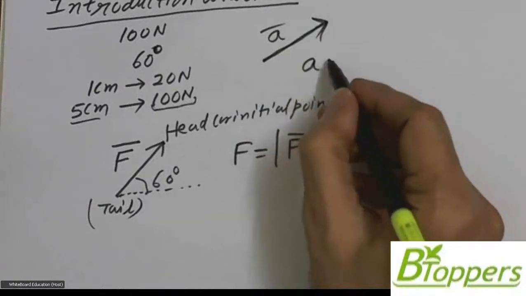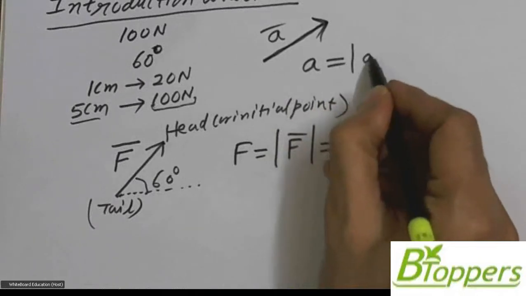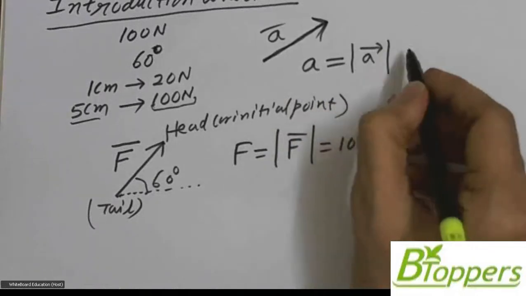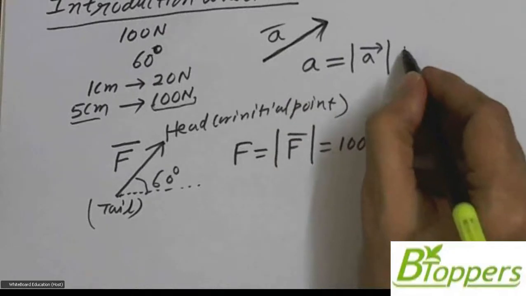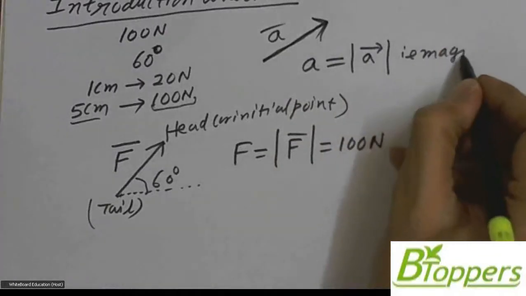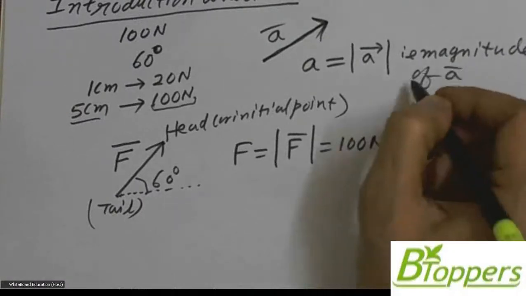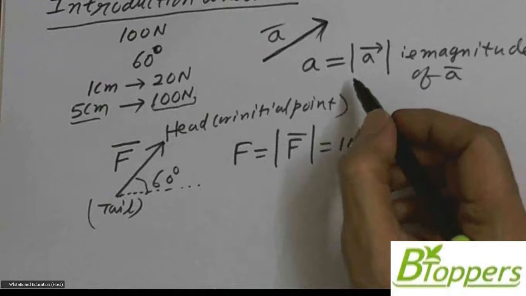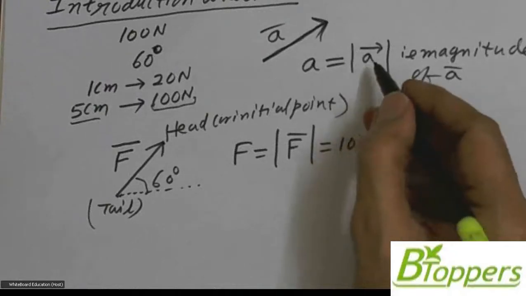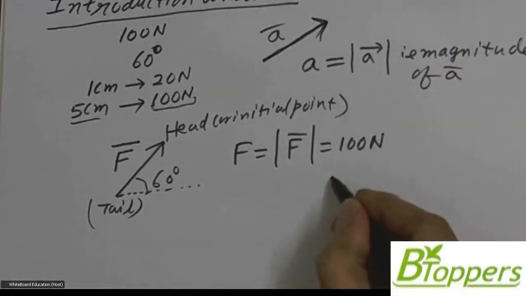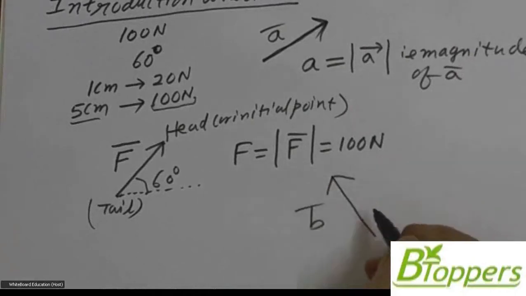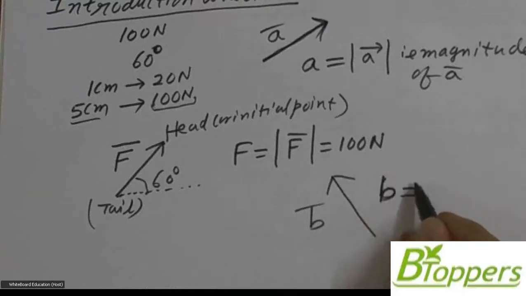If you just write letter A without the bar symbol, it represents the magnitude of vector A bar or modulus of vector A bar. Similarly, B bar is another vector which acts in the direction as shown in the figure. If you just write letter B without the bar symbol above it, it represents the modulus of vector B bar or magnitude of vector B bar.